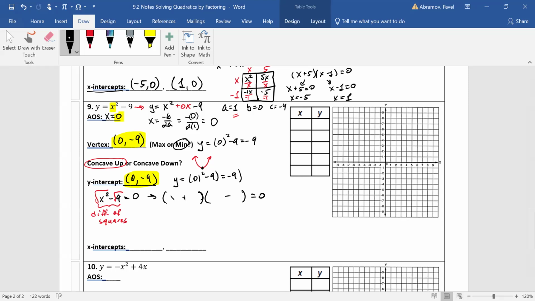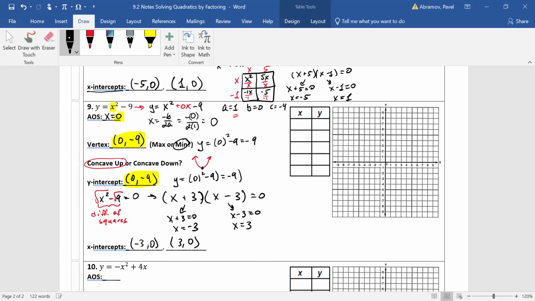The square root of x squared is just x, the square root of 9 is 3, so we have x plus 3 and x minus 3. Here the factoring was much faster because it's a difference of squares. Now we set each factor equal to 0. So x plus 3 equals 0, x minus 3 equals 0. So x equals negative 3, because we subtract 3 to the other side. On the other one, we add 3 to the other side, so x equals positive 3. Remember, the x-intercepts always have y equal to 0, so we have (-3, 0) and (3, 0).